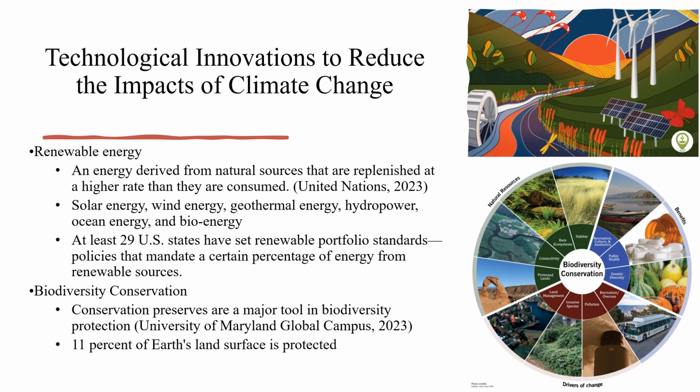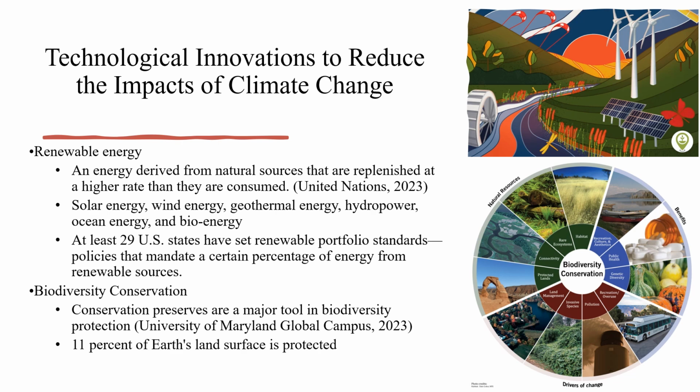An example of technological innovation that can be adapted to reduce the impact of climate change is, first, using renewable energies. It is energy derived from natural sources that are replenished at a higher rate than they are consumed.